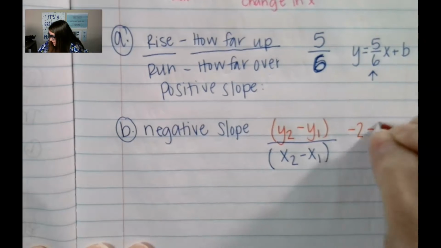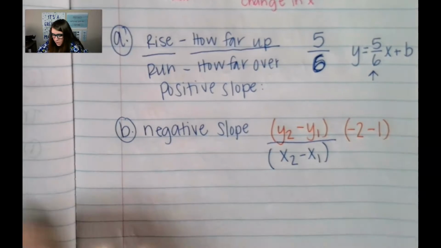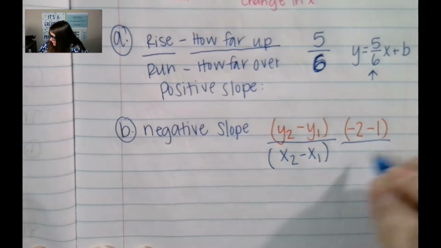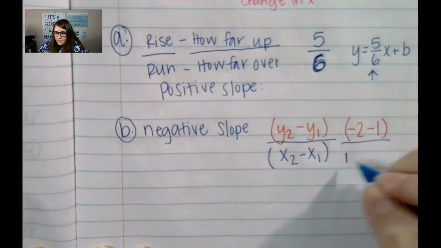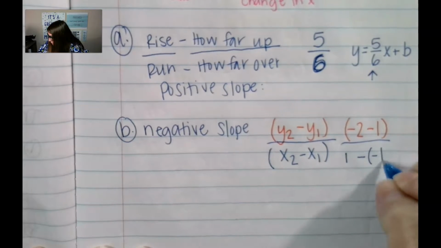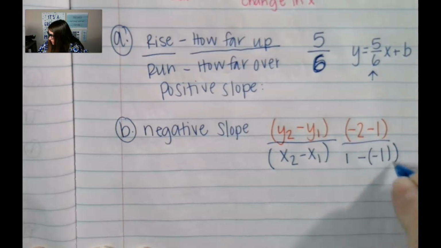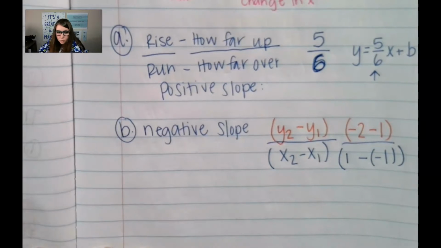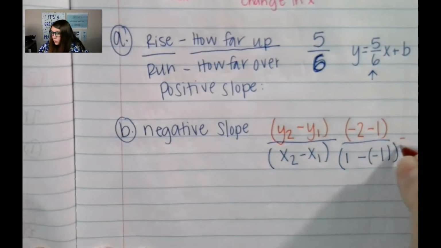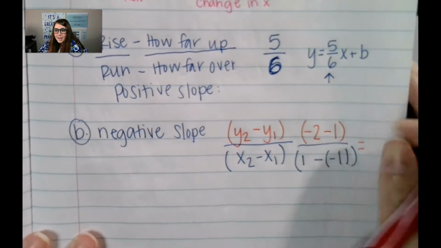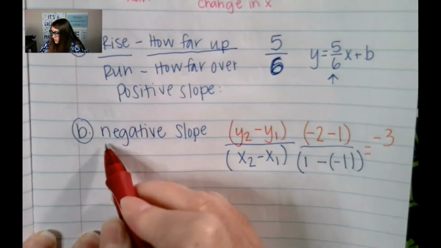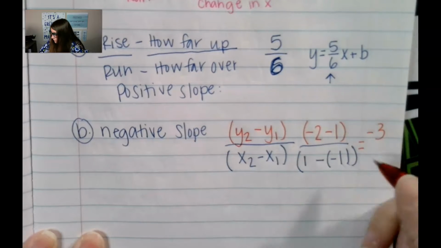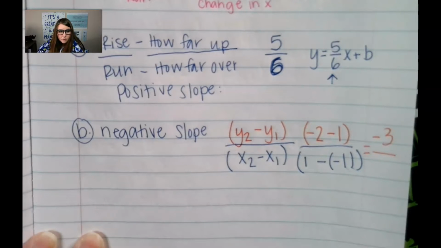-2 minus 1 on the top, and 1 minus a -1 on the bottom, which in the end told us that we had a slope of -3 over +2. There's our negative slope right there.